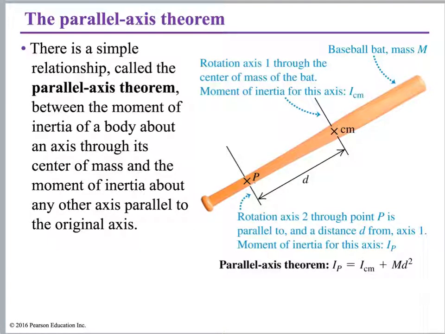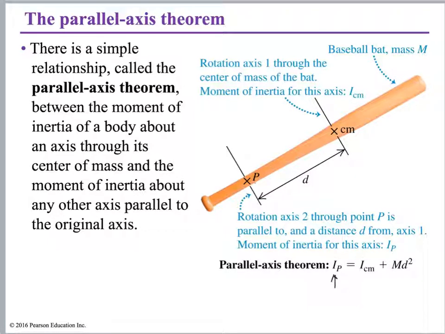So what it's saying is if I want to find the moment of inertia about some axis that isn't through the center of mass, like point P, it's equal to the moment of inertia about the center of mass plus the mass of the object times the distance that I've moved the axis squared. And so that's called the parallel axis theorem.